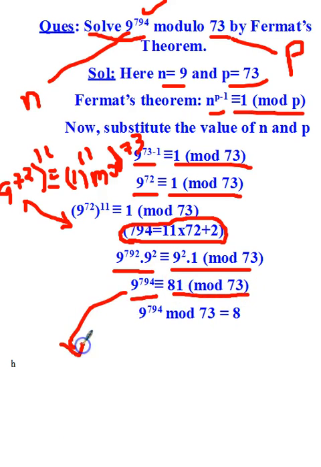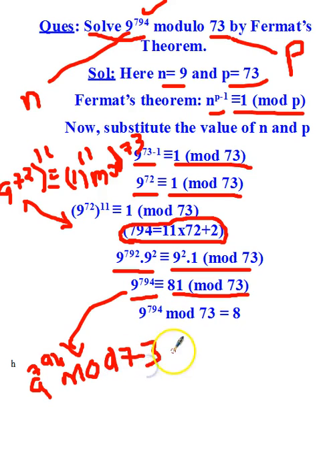It means 9 raised to the power 794 mod 73 will be equal to 9 squared, or we can say 81, mod 73.